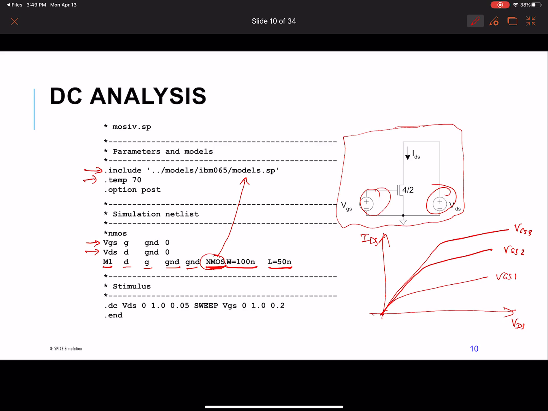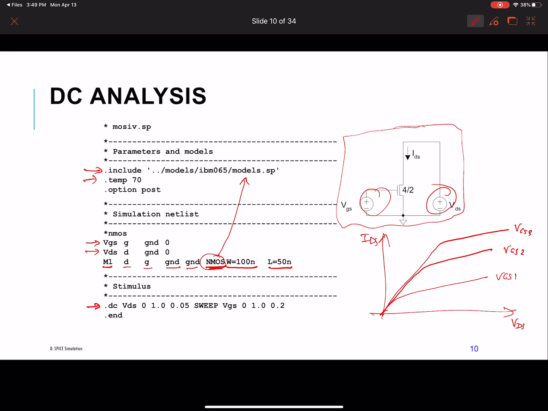We looked at the RC schematic. That was doing a transient simulation. Transient means changing with time. Here's a DC simulation, and it's set up in a loop. So what it's doing is basically stepping through. What is this thing doing?